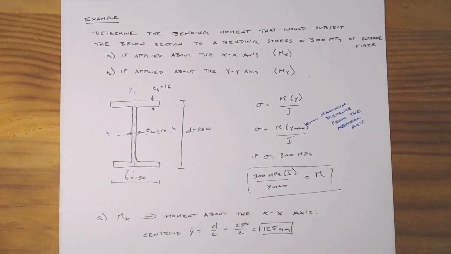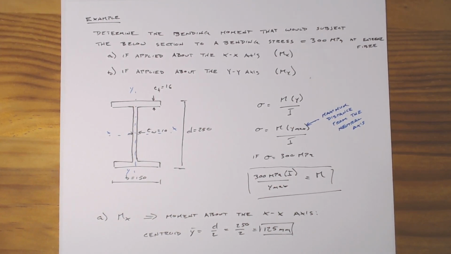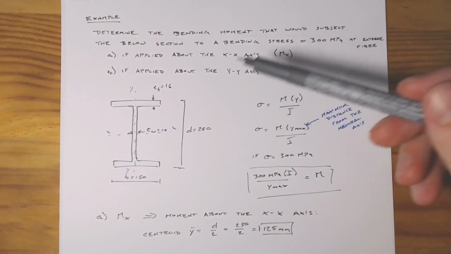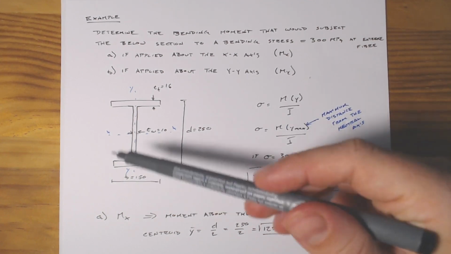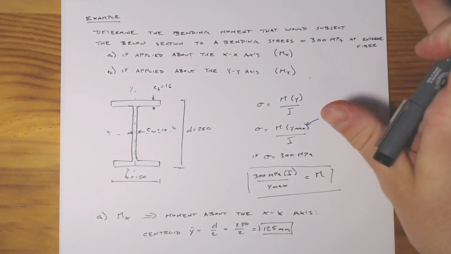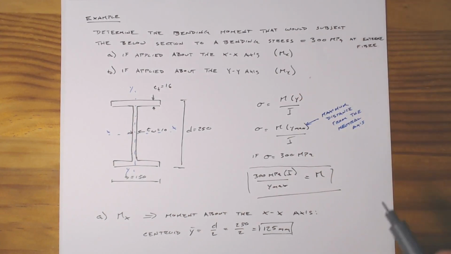I'm taking advantage of the fact that this is a symmetric cross-section, so I know it's going to be right in the middle. If you had an unsymmetric cross-section, you'd have to work out what the centroid was from the first moment of area. But the other thing we need to know is that our centroid for bending stress is always going to be the location of our neutral axis.